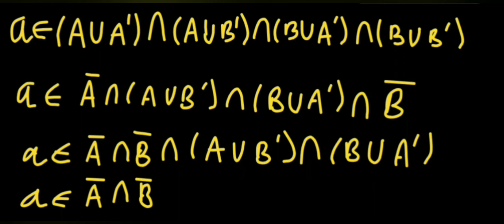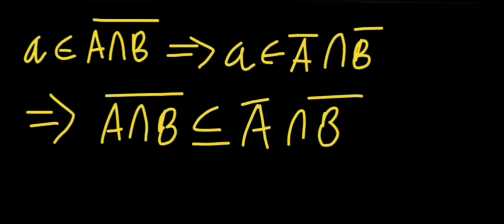Similarly, we can say this for closure of A intersection closure of B. We started from the point closure of A intersection B and we reached that this member belongs to closure of A intersection closure of B. So it implies closure of A intersection B is a subset of closure of A intersection closure of B.